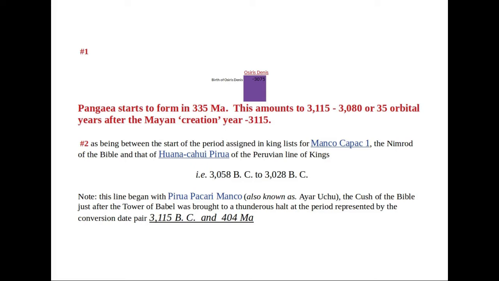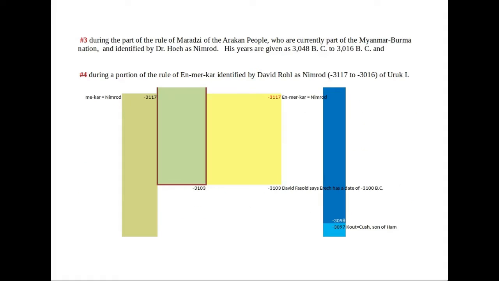Manco Capac I, the Nimrod of the Bible, and that of Wana Kahui Pirua of the Peruvian line of kings. Maradzi of the Arakan people, who are currently part of the Myanmar-Burma nation, and identified by Dr. Hay as Nimrod. His years are given as 3048 BC to 3016 BC.